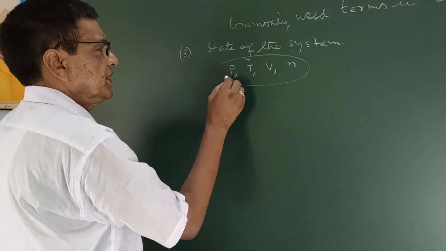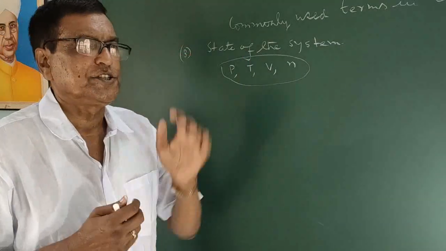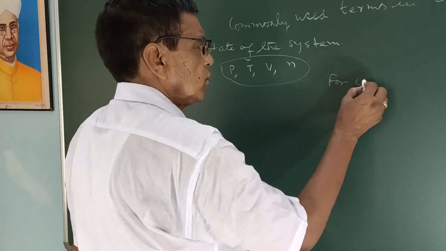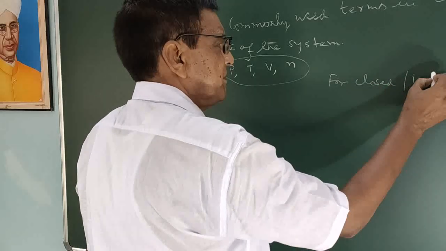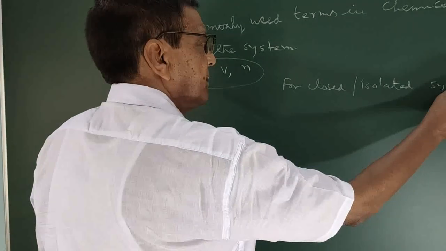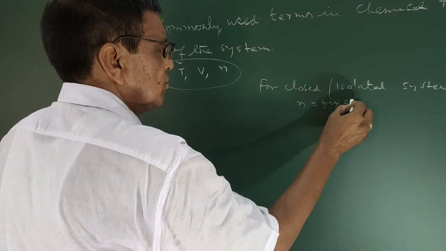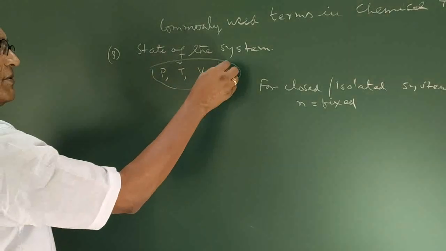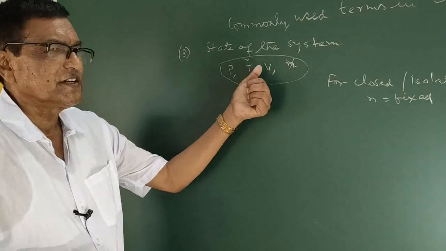These are the state variables which are used to define the state of this system. But for a closed and isolated system, this n is fixed, so n is no longer a variable. So we have three variables: pressure, temperature, and volume.